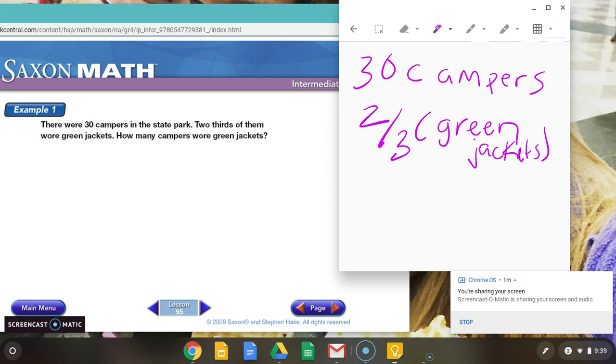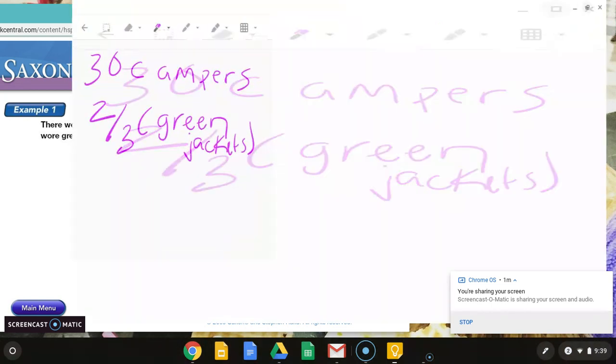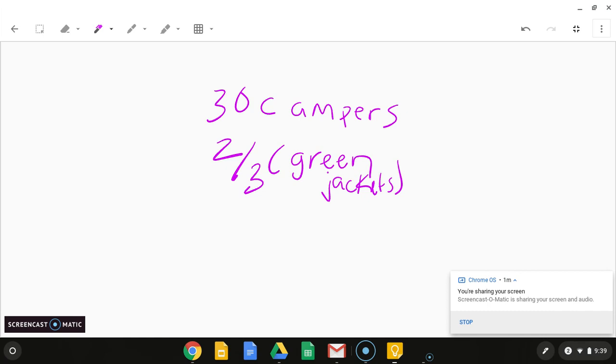The word thirds tells us there are 3 equal groups. That's our denominator. So first we have to find the number in each group. Our first step is we're going to take our 30 campers and use thirds, which is 3. There are 3 even groups and 30 campers. We don't need to do our whole division process.